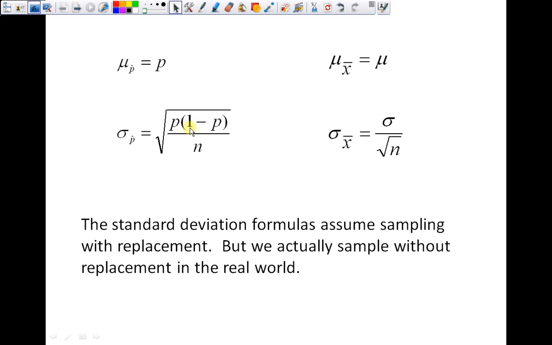It's all used. Standard deviation formulas assume sampling with replacement. But actually we sample without replacement in the real world. So I'll show an example of why, even though these formulas assume that we're doing it with replacement, it doesn't matter as long as we have a big population.